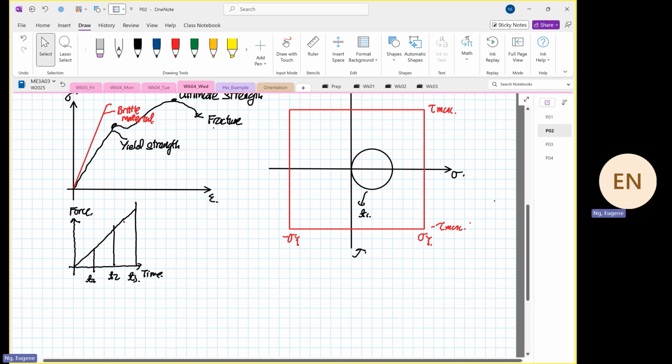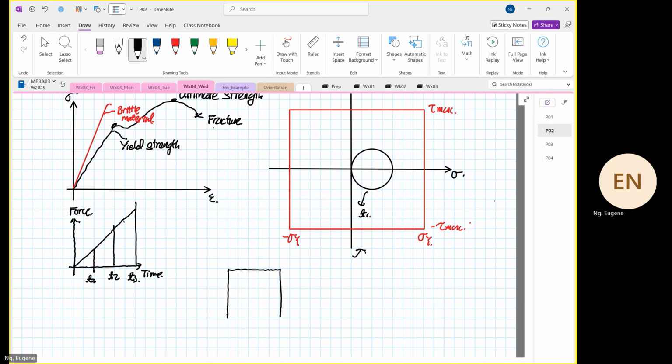Before I go into the circle, if we were to construct the Mohr circle on the chalk, the same chalk that you see in the center, we are increasing the normal stress as a function of what? Time.